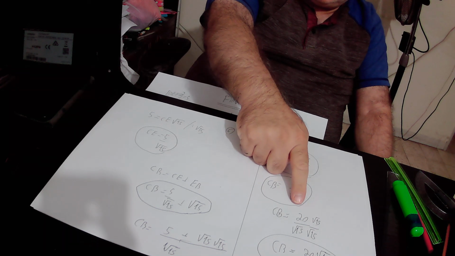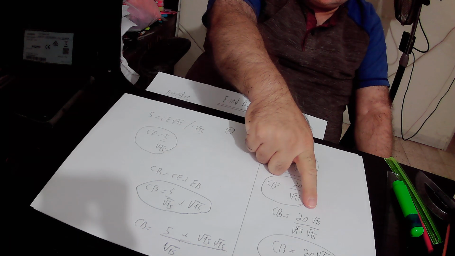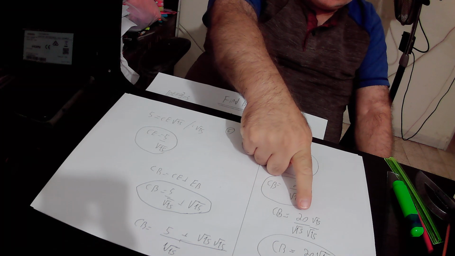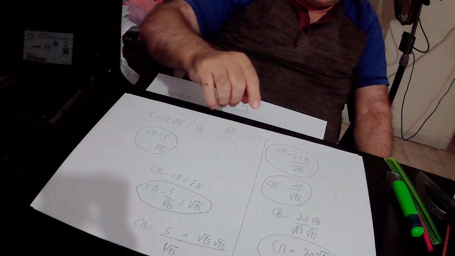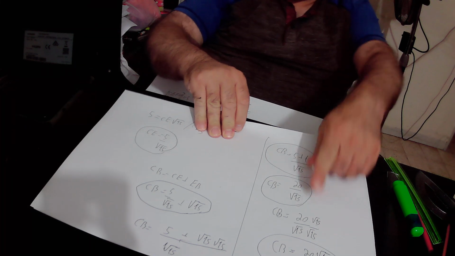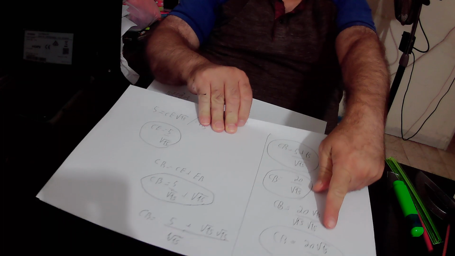In the numerator we are left with 20 times square root of 15, and in the denominator square root of 15 times square root of 15, that is 15.